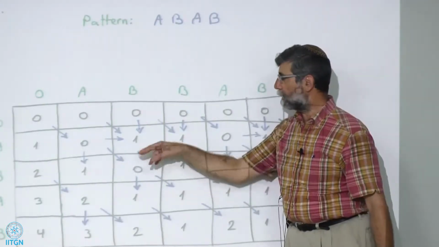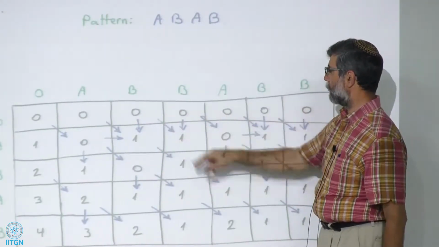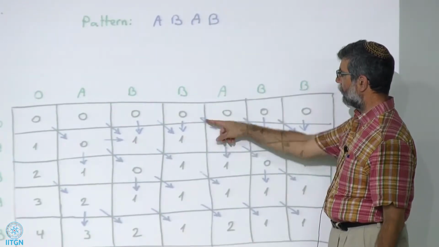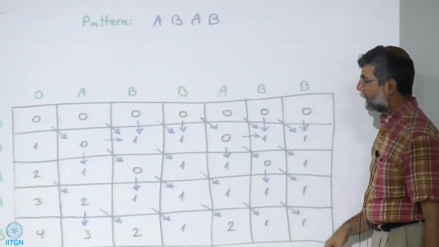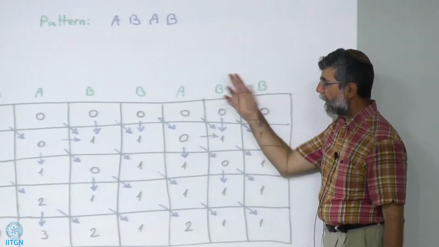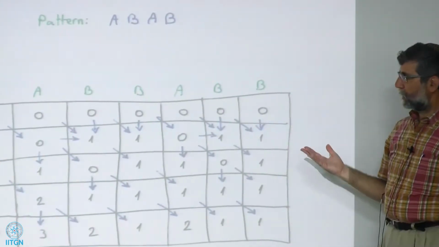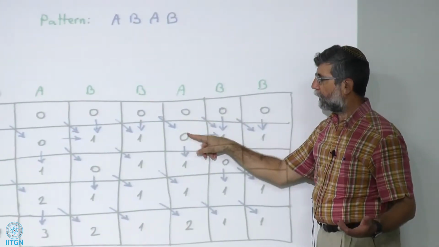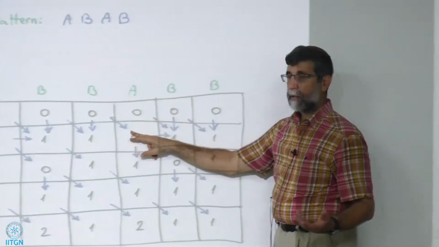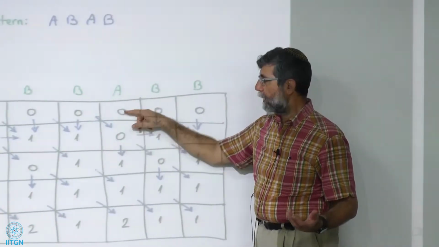So as you can see, sometimes there are 3 options, sometimes there are 2 options, and sometimes there's only a single option to get somewhere. And that's here, because when you see an A and an A, then there's nothing else that you look at. A matches an A, and therefore there's 0 errors. You come up from here.